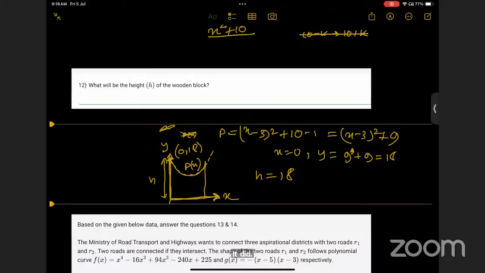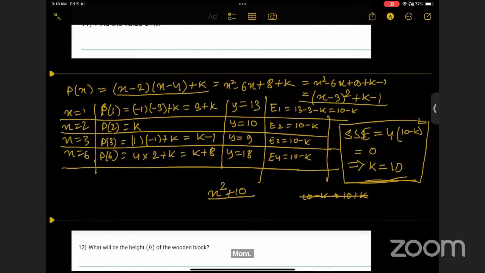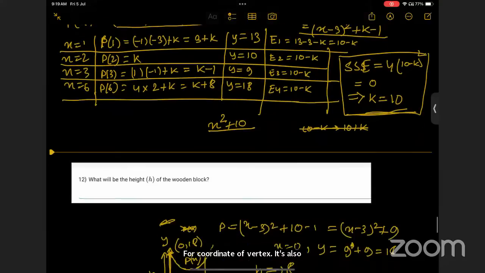So is it fine with you? Yes, ma'am. How did you find this equation, ma'am? Because we got the value of k, right? Just put the value of k here and you will find the equation. Ma'am, if we try to find the coordinate of the vertex, it's also coming out to be 18.